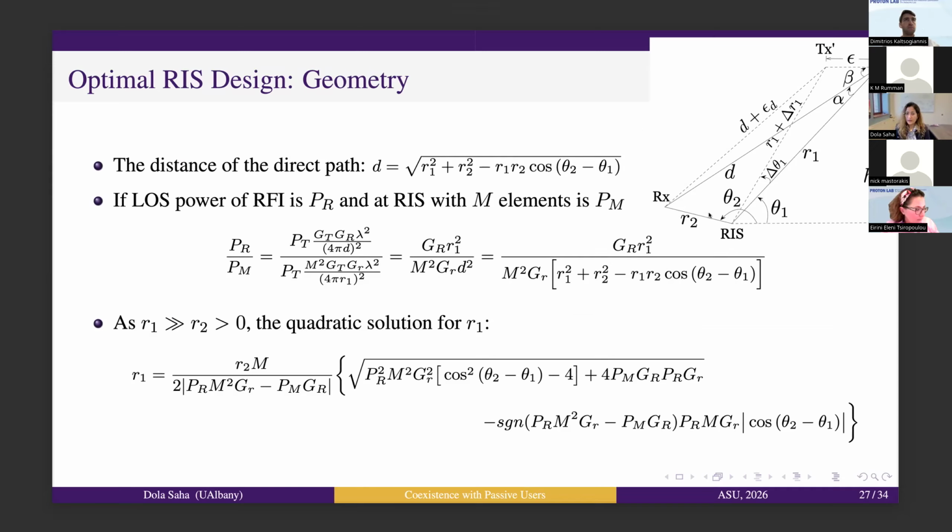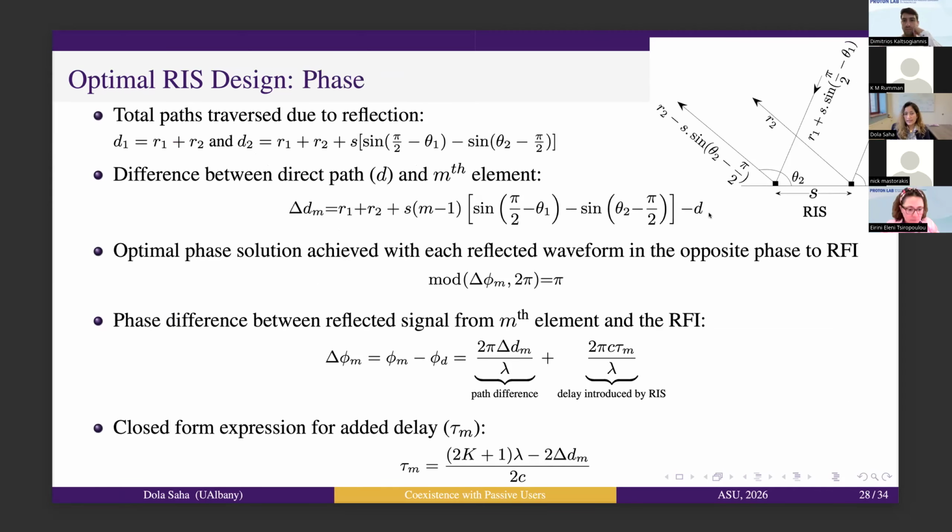And again, I won't go into the details of how we did the geometric values for each of these, but we did some numerical calculations using geometric property to understand how the element will change and reflect and how it should change. So essentially, that's what you're seeing, that every single element here is going to get reflected. And because of the distance between them, there is a path difference for every single element.